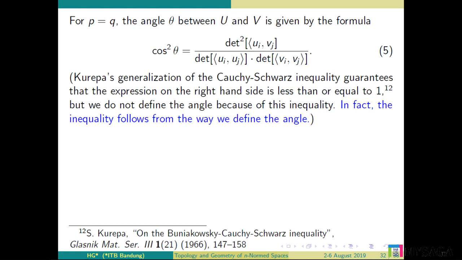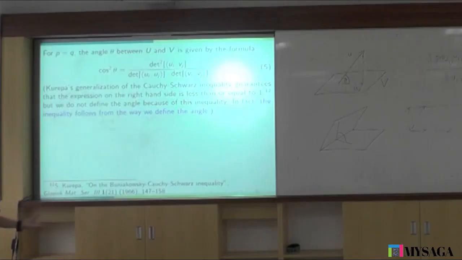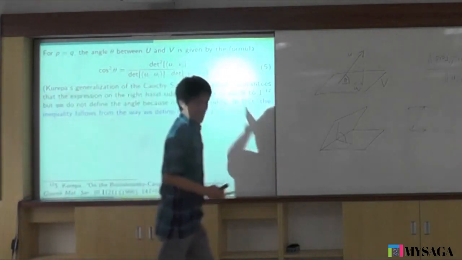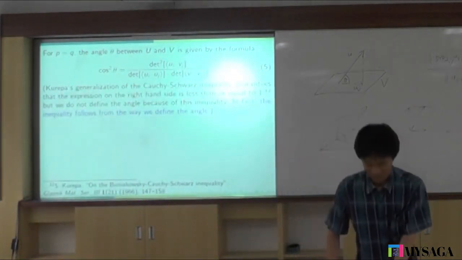Okay? In fact, the inequality follows from the way we define the angle. How do we define the angle? Projection. And we have just proved projection divided by the original is less than or equal to 1. But that's not obviously projection. Okay, I will show that it is the projection.